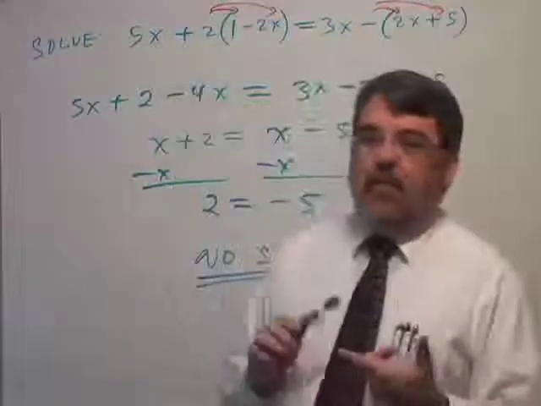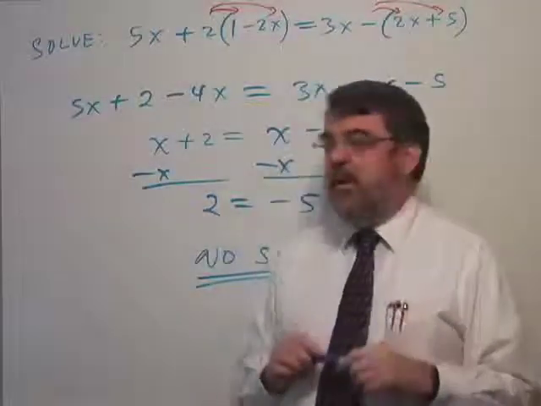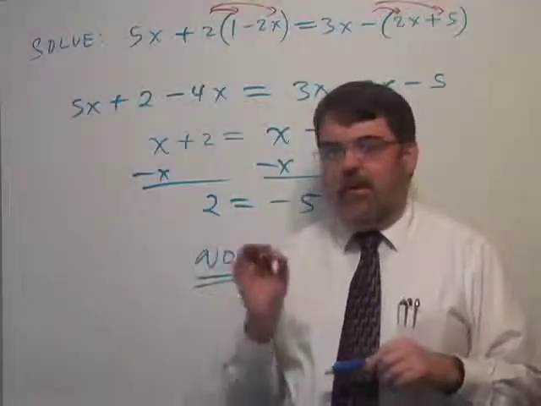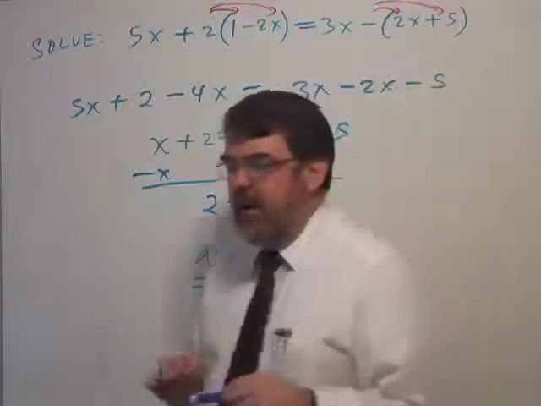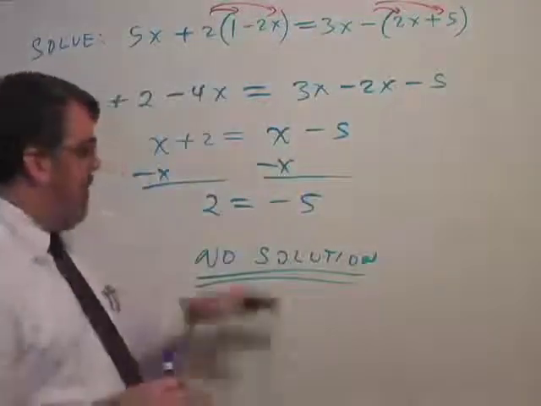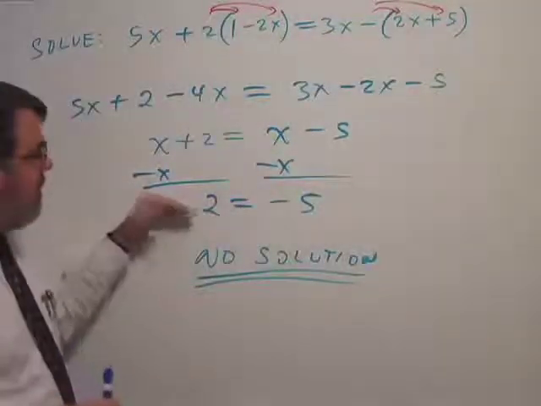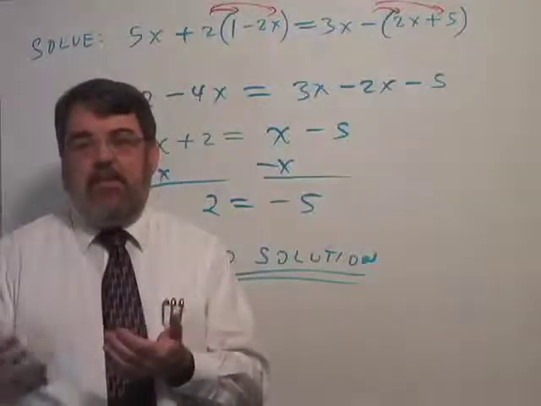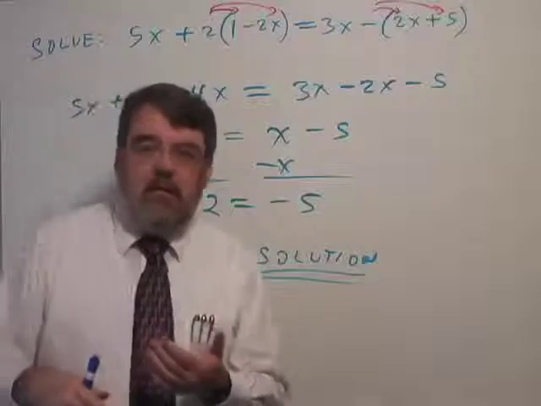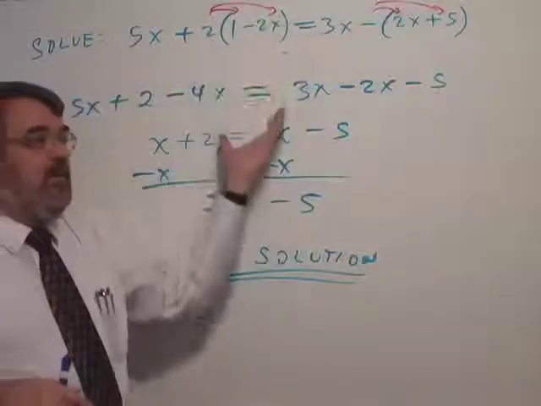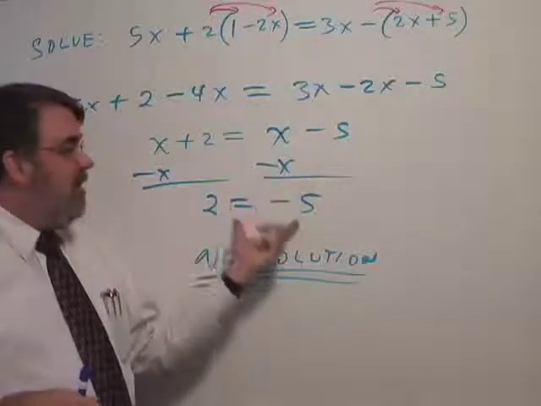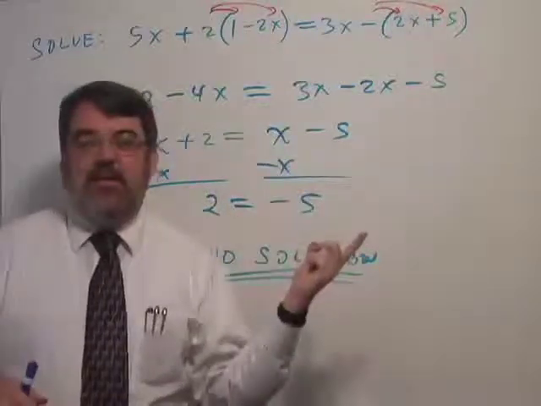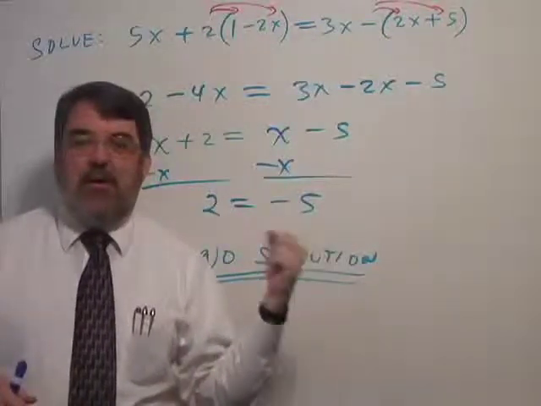Alright, so you should be aware of problems like this. And also another thing I want to really make clear is that when you're solving and you end up with something like this, no solution. But if you solve a problem, get an answer, and you plug it in, and you go through all that work, checking your arithmetic, and you get something like this, it doesn't mean no solution. It means the problem is wrong.